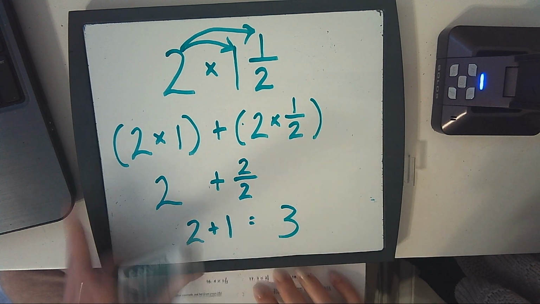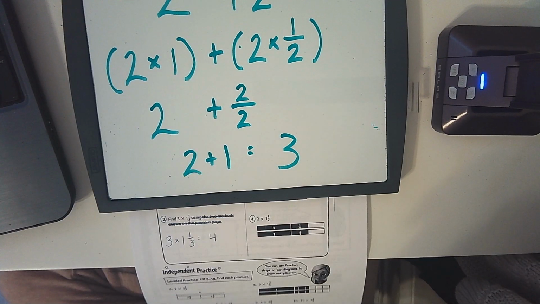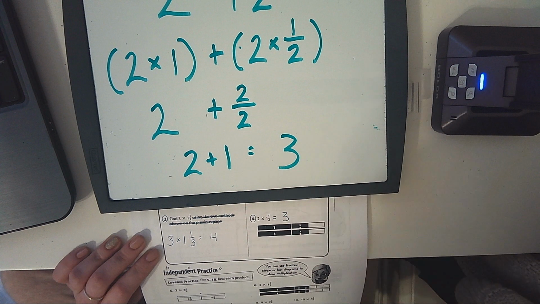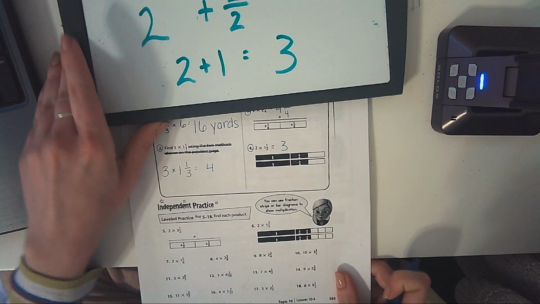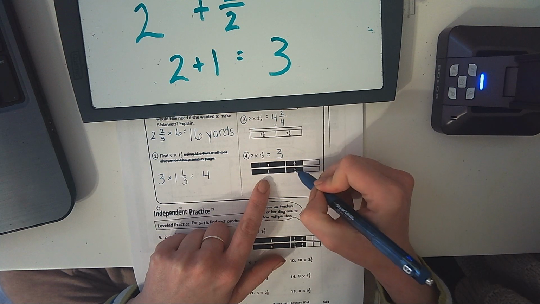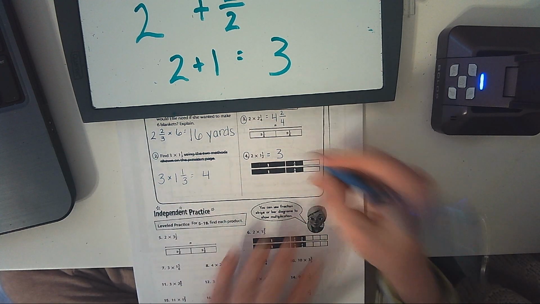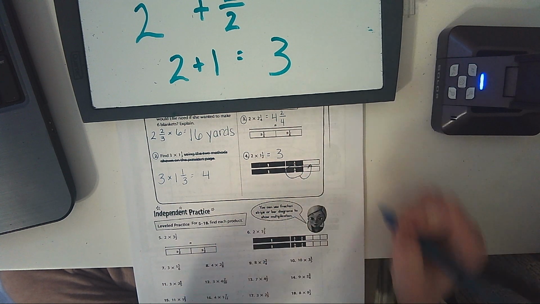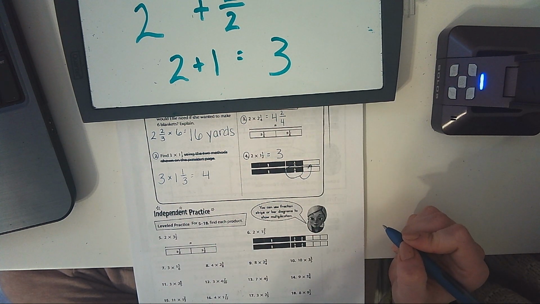And I am going to write on my paper equals 3. And you can even look at the pictures too, like this is one whole, this is one whole, half and half would make another whole. Like if you brought this piece up here, it would fill in that spot to give you another whole.